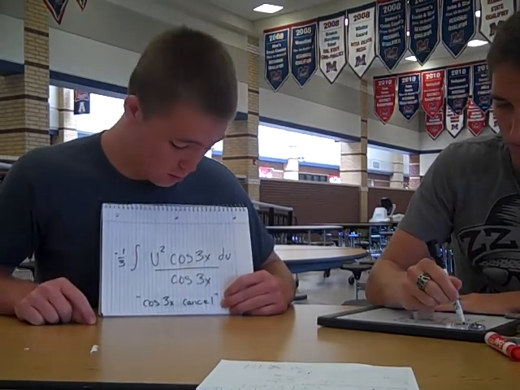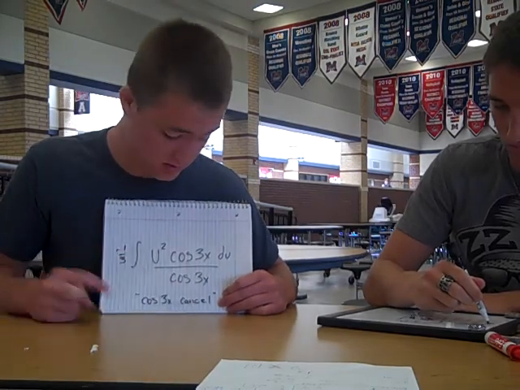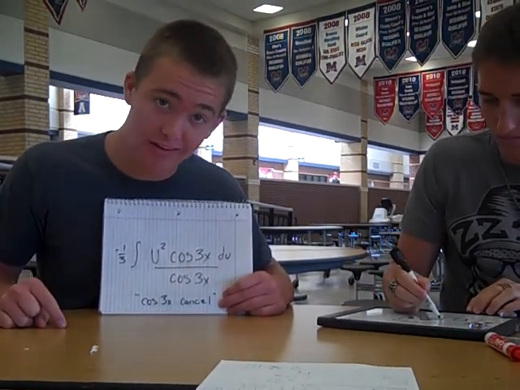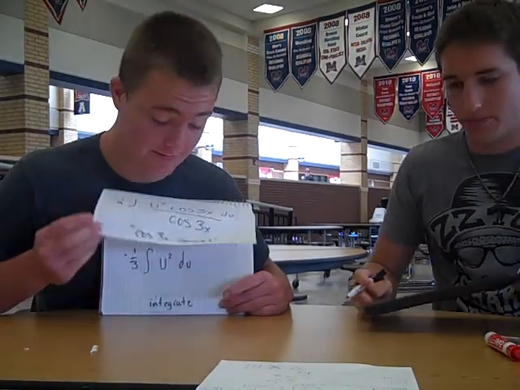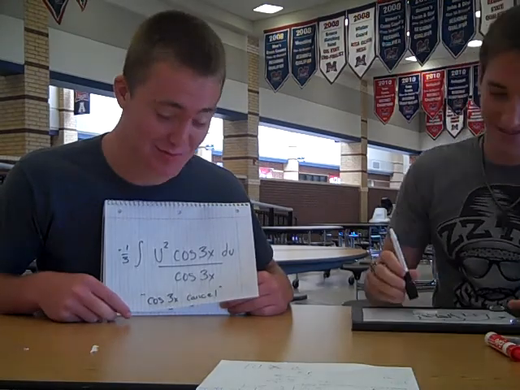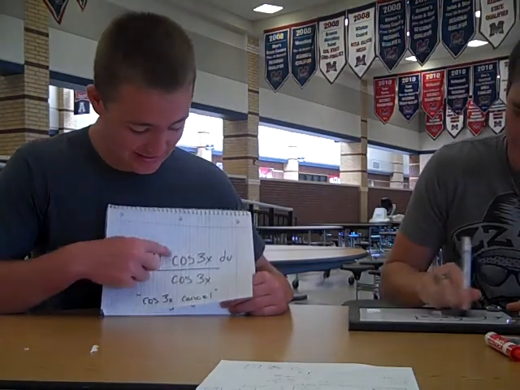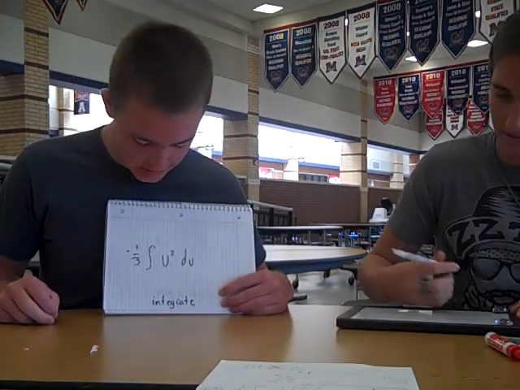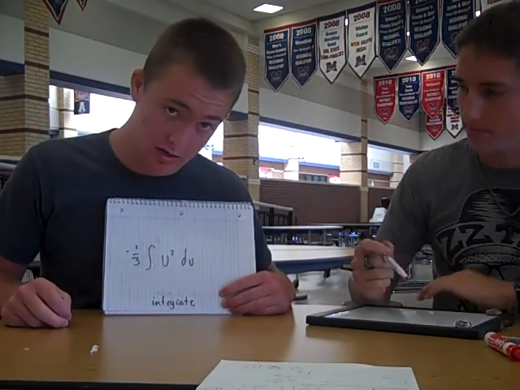Now look closely once again. Cosine of 3x cancels. There's one on the top and the bottom, so they're both gone. You're left with 1/3 the integral of u squared du.